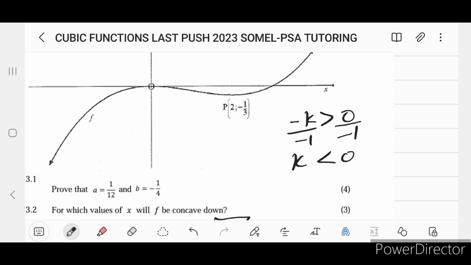The other part is that the minus k, which is the y-intercept, must be less than 1 over 3. Because if I move this to the upper side by 1 over 3, that means the new turning point here is going to cut here at 1 over 3. So it must be less.